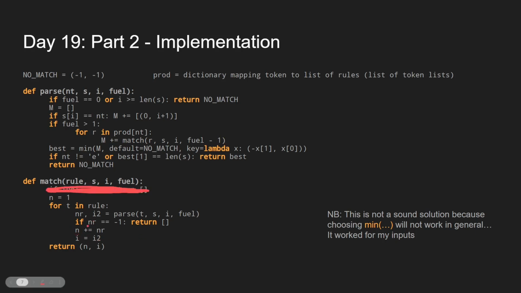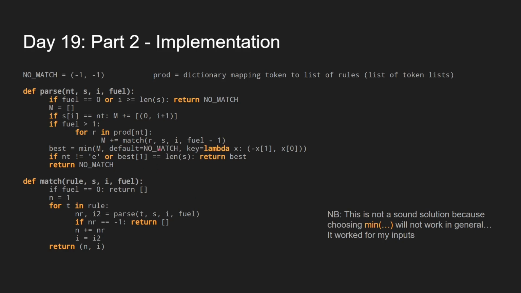Anyway, if the thing here matched, then if it was not a no match, then we need to add the number of replacements to the running total, and then we have to update the position we are matching at. So if all the tokens did match, then we return the number of replacements that were performed and the following token to be matched.